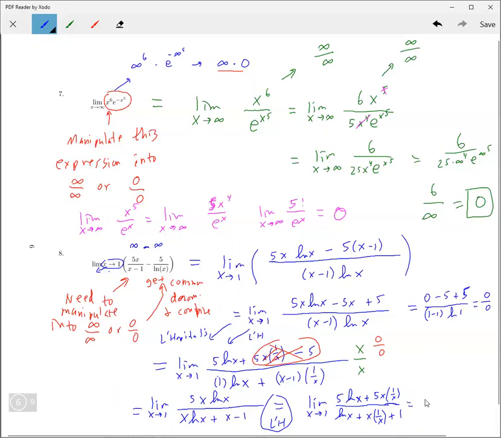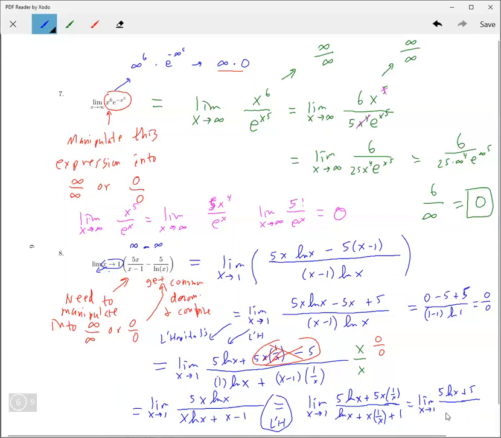Okay, so let's see if we can simplify this. So that's 5 log x plus 5. Yay, that's not 0 anymore.